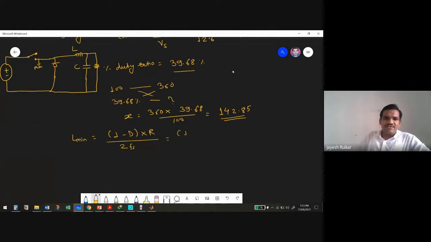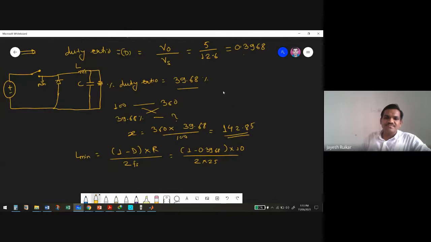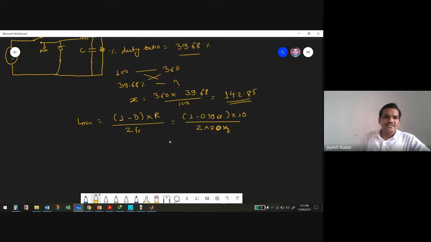We have D as 0.3968, multiplied by 10, divided by 2 times the switching frequency, which is 20 kilohertz, and we get L minimum. You can calculate this with a calculator.